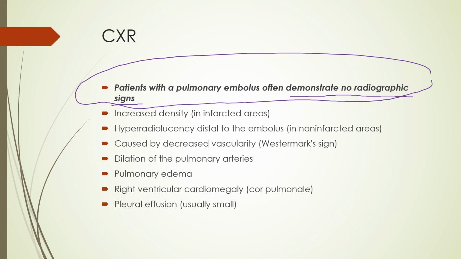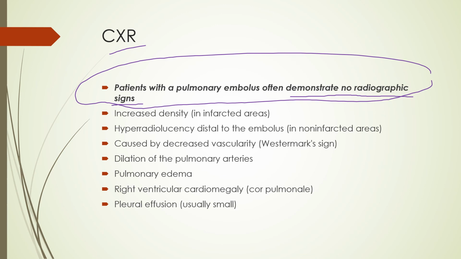So we're still going to get the x-ray. Just like the EKG, we're still going to get the EKG to rule out an MI or acute anything that could be going on there. But a lot of times we do x-rays more to rule out and to verify, and that's a whole separate lecture. But still going to get it, but most of the time you won't see anything on the chest x-ray.